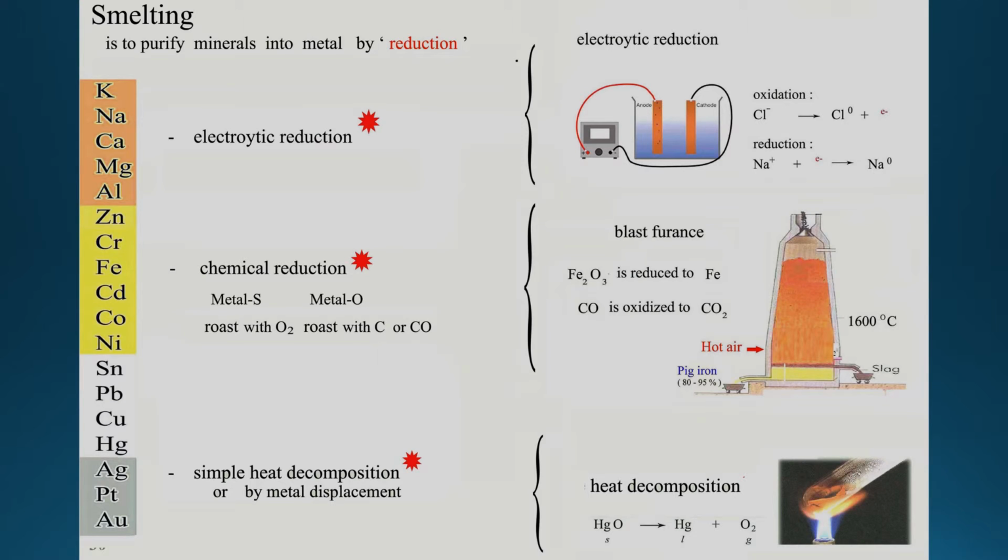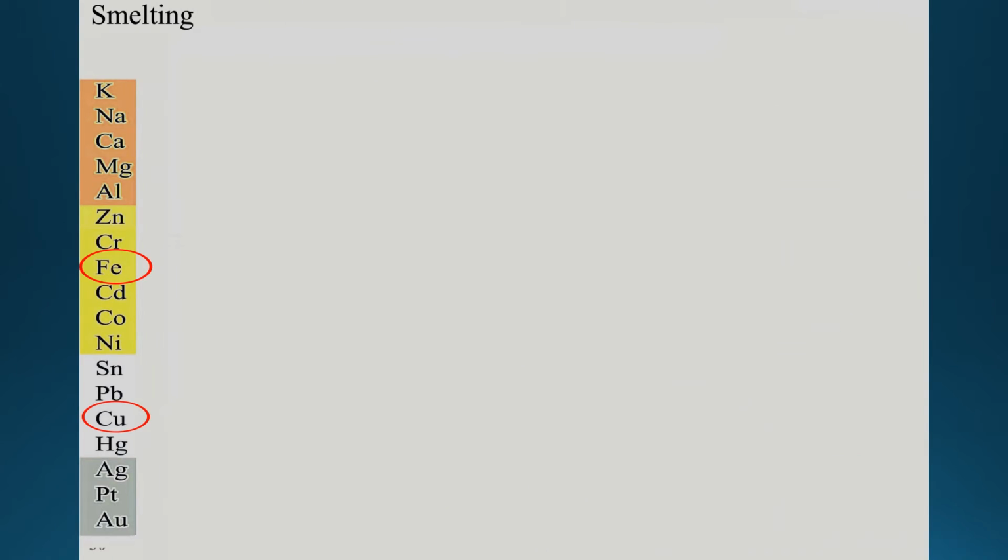And now let's go back to our iron and copper, the middle group. Based on this rule, which ones will be easier to extract and which ones will be harder?